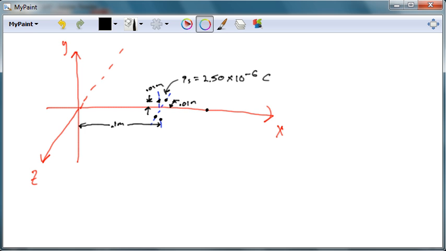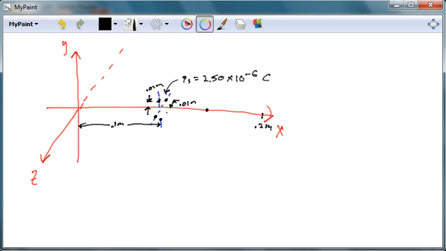The equations will be valid everywhere along the x-axis, in particular everywhere from 0 to 0.2 meters, which represents the positions of the particle we're concerned with.